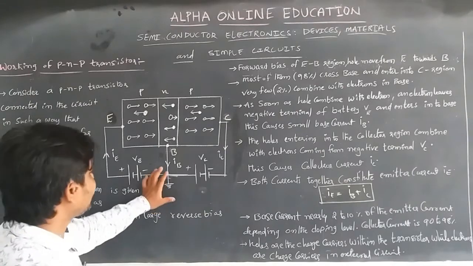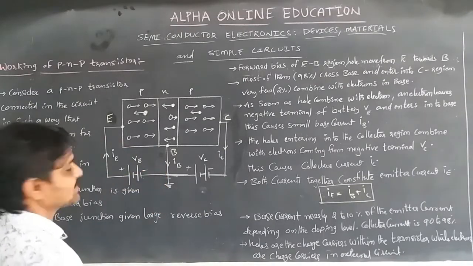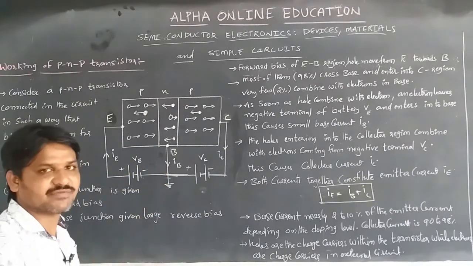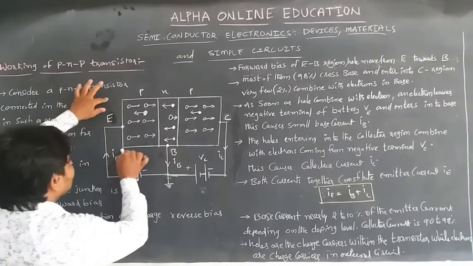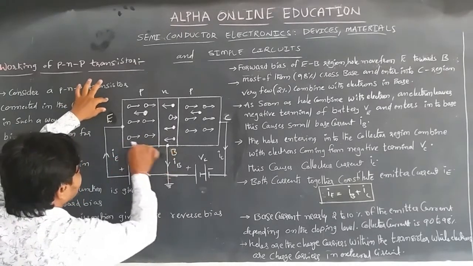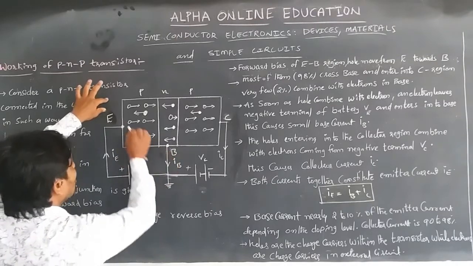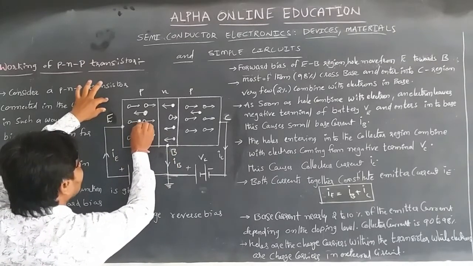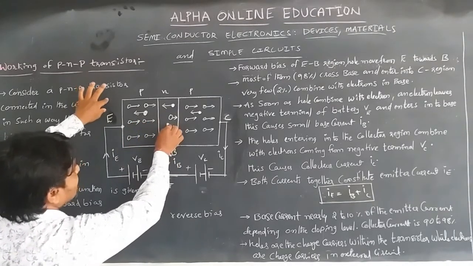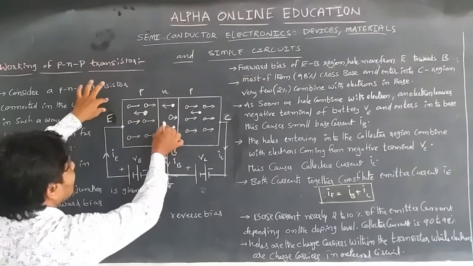In forward bias, we know conduction will be possible. When the emitter-base region is forward biased, holes move from the emitter to the base.